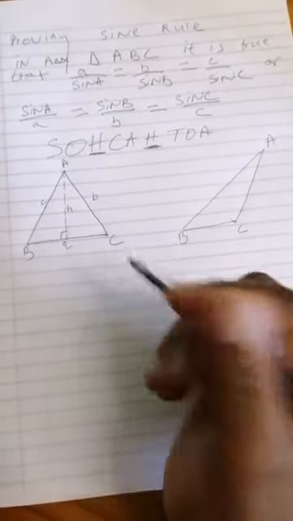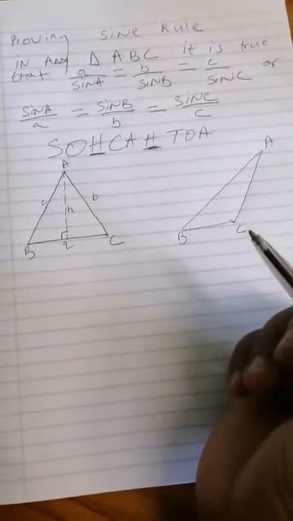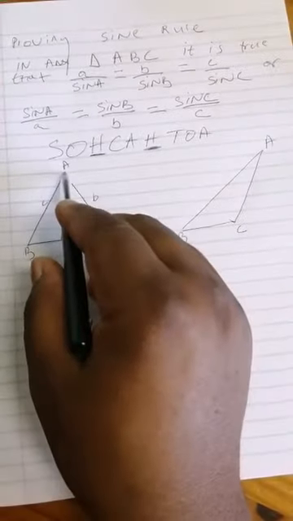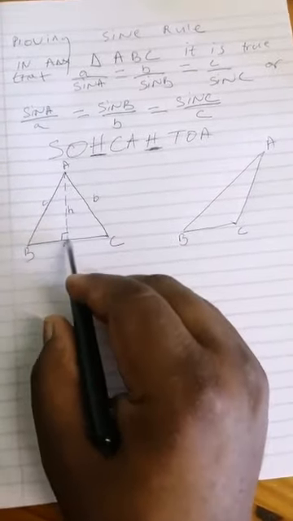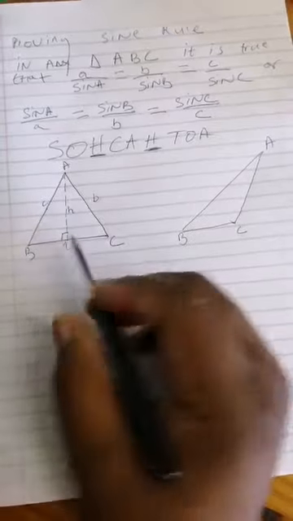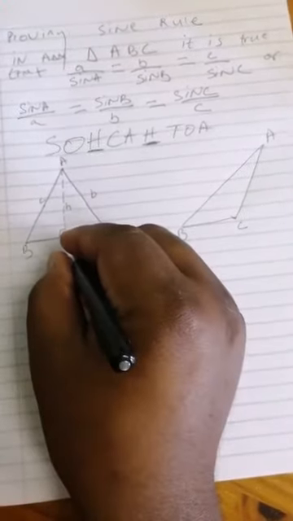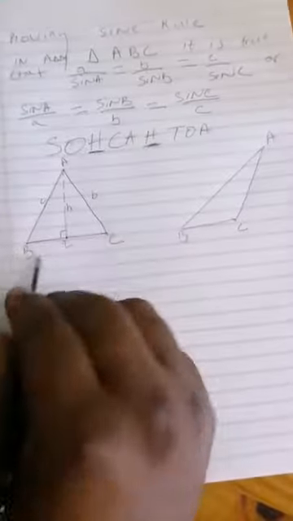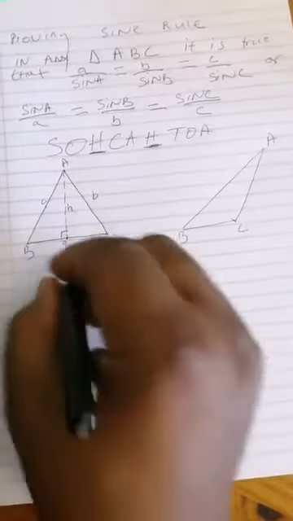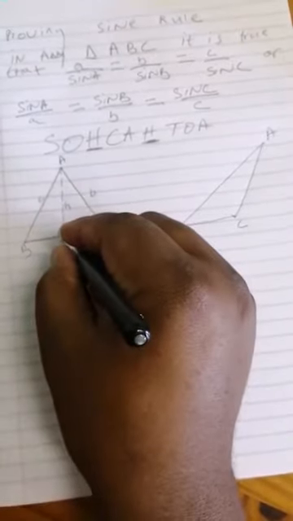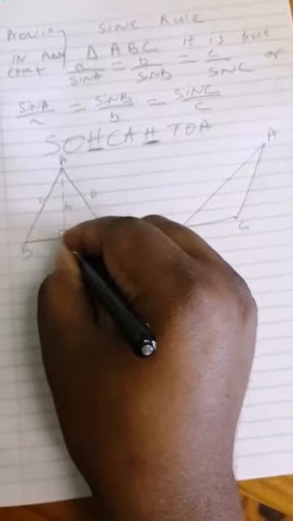But so that it will be easy to understand, I will construct it from this apex A, so it will be perpendicular to BC. Now the point where my height meets the base BC, I will call D.